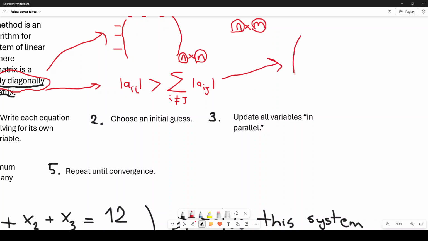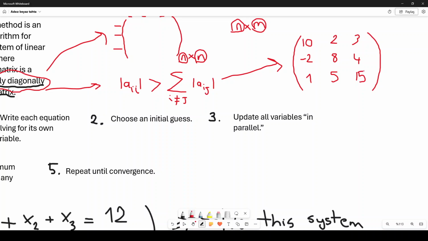Suppose we have a square matrix. First of all, we need to have a square matrix, otherwise we can't talk about the main diagonal entries. And suppose these are the values given: 10, 2, 3, and -2, 8, 4, and 1, 5, and 15.